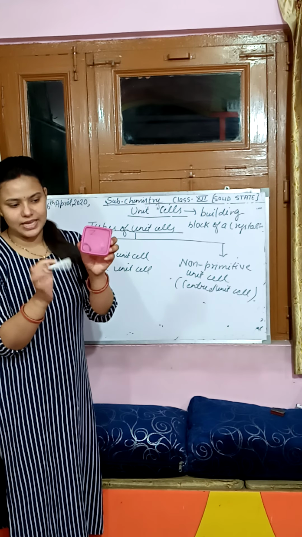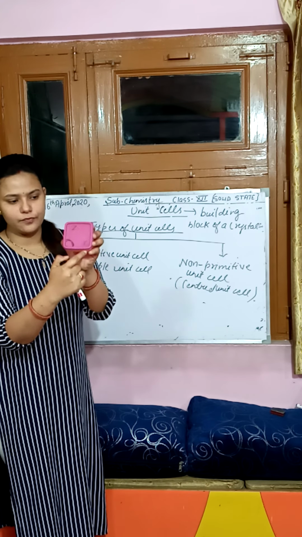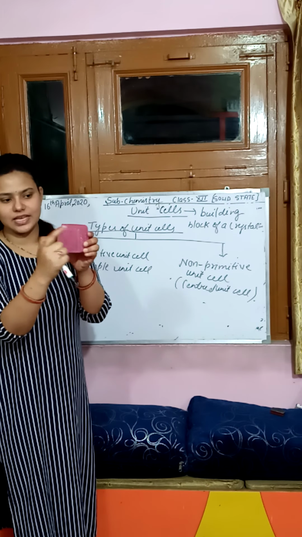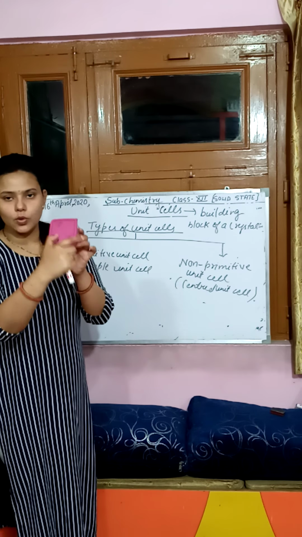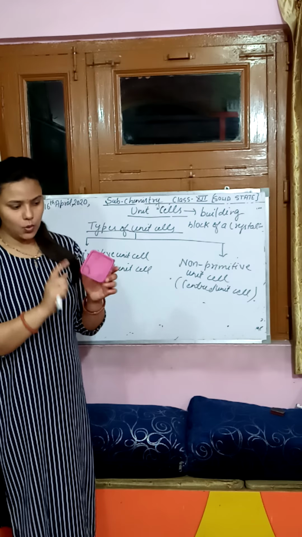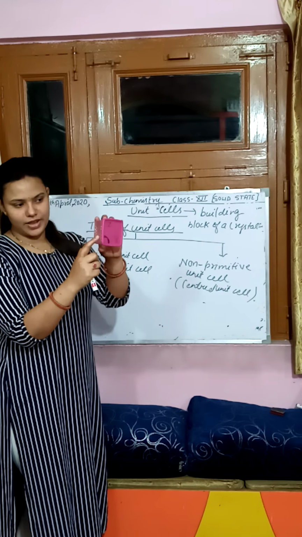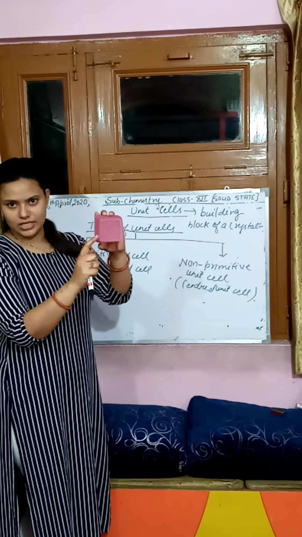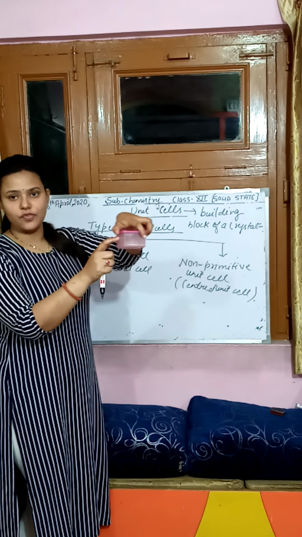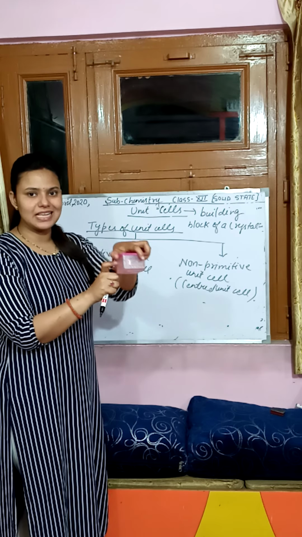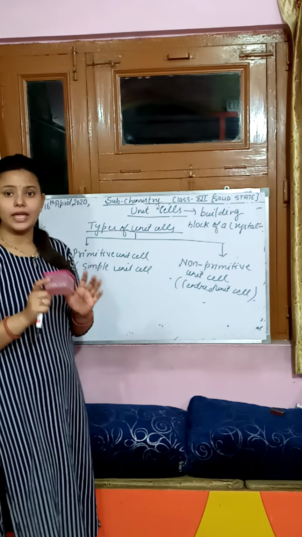I am repeating once again. 1, 2, 3, 4. And look at the back. 5, 6, 7, 8. So there are a total of 8 corners. Okay. These are the faces of the unit cell. Face 1, face 2, face 3, face 4, face 5 and face 6. How many faces of a unit cell are there? 6.